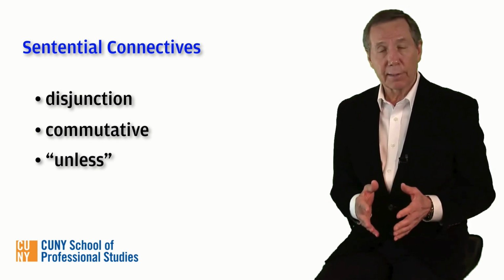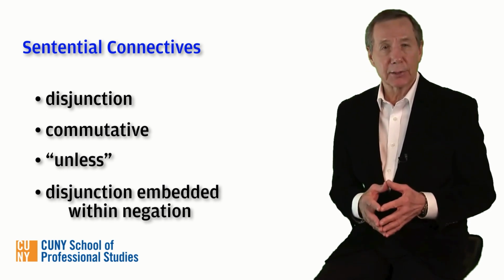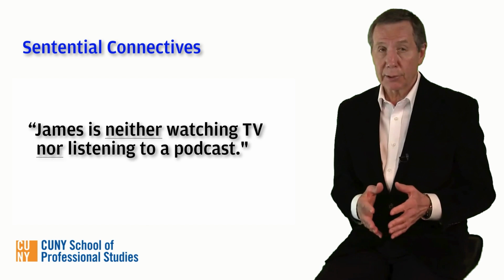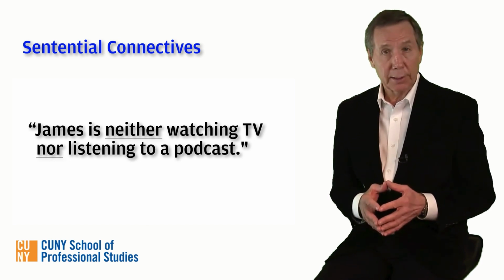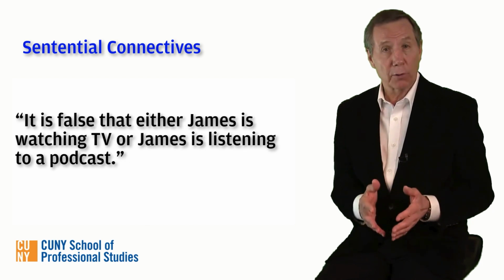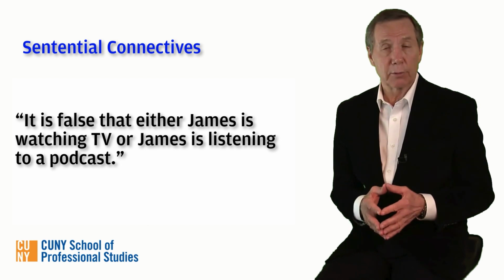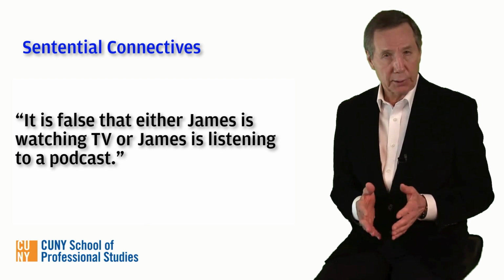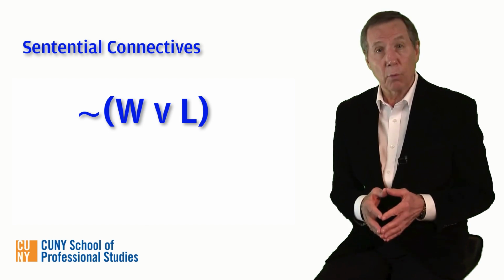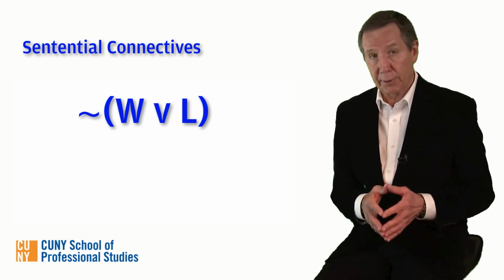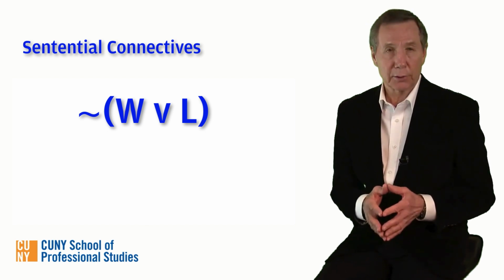Second, we frequently find a disjunction embedded within a negation, such as, "James is neither watching TV nor listening to a podcast," which is logically equivalent to saying it is false that either James is watching TV or James is listening to a podcast, which we can easily symbolize as tilde, open parenthesis, W, wedge, L, close parenthesis, using W and L to symbolize our two disjuncts.